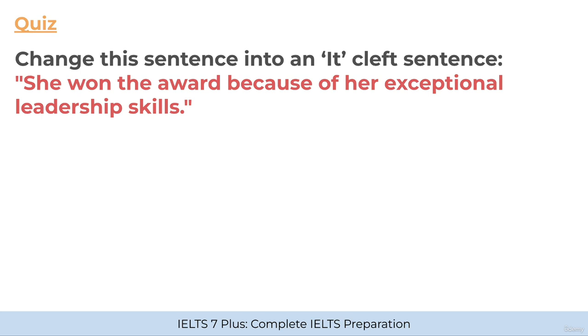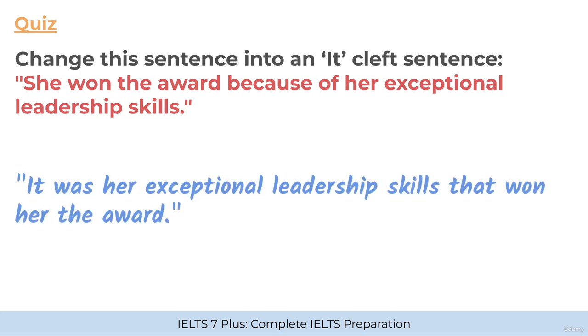So maybe it was her exceptional skills that... see how you'd want to end that sentence. Should we have a look? So we could say it was her exceptional leadership skills that won her the award. That would work nicely here.